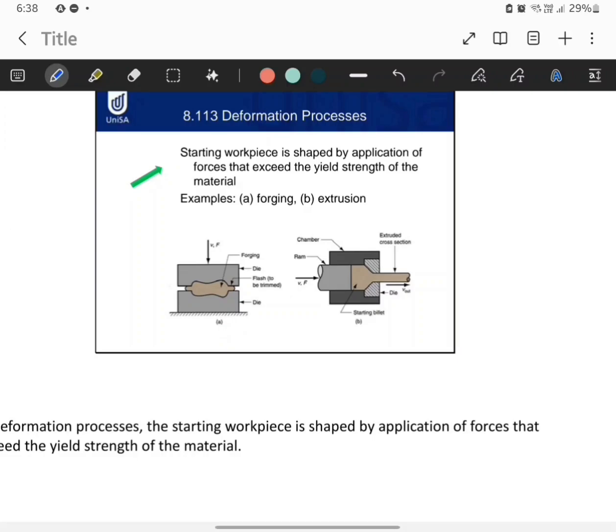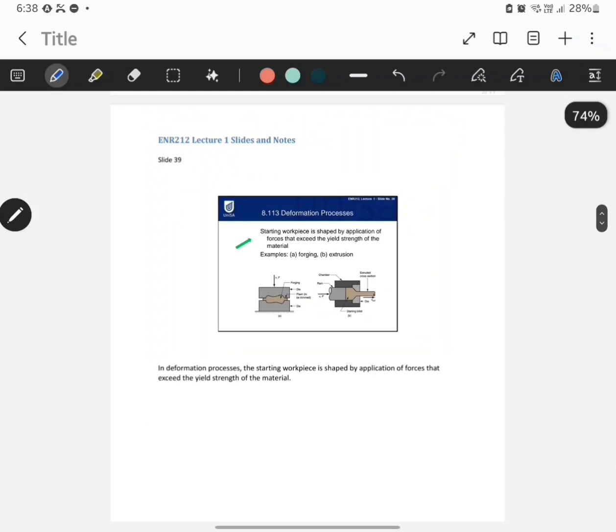In this case, we use pressing, with force applied from above, and then we create the desired shape from this process. Let's go to the next slide.